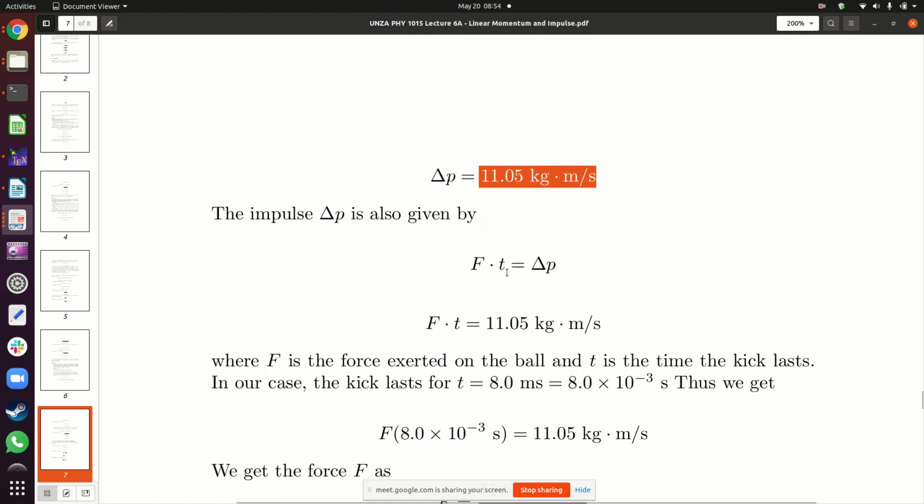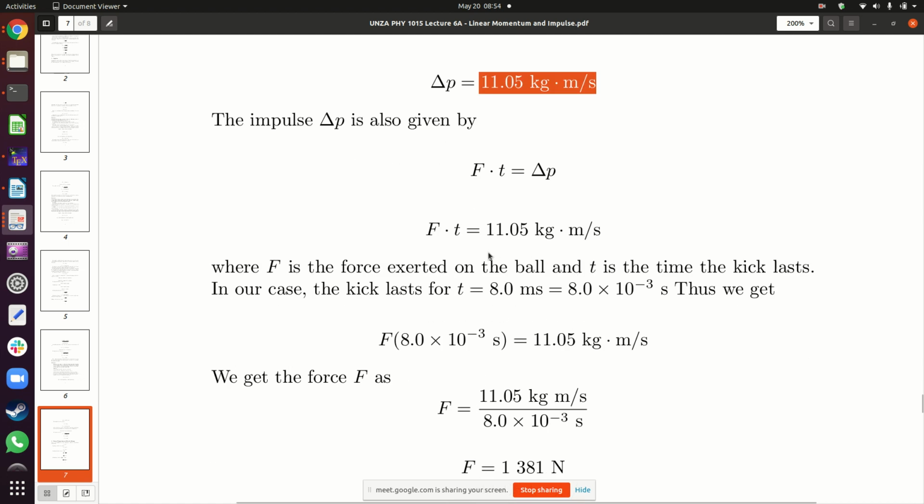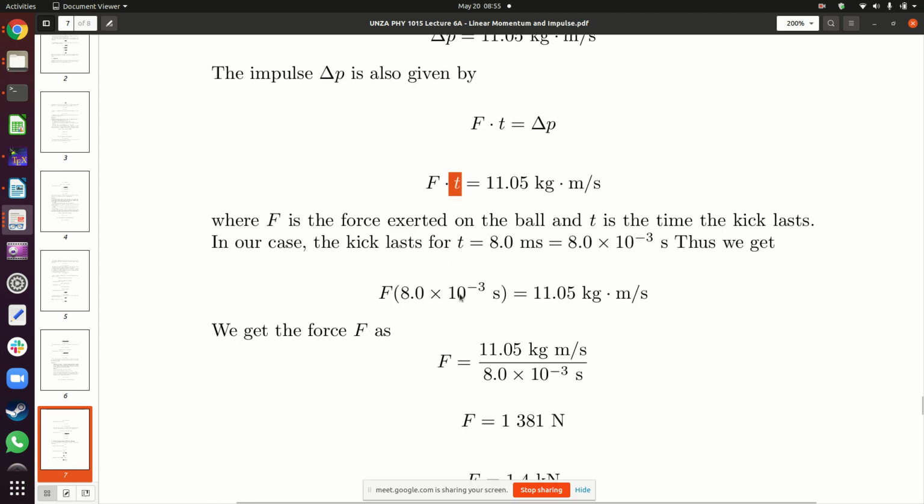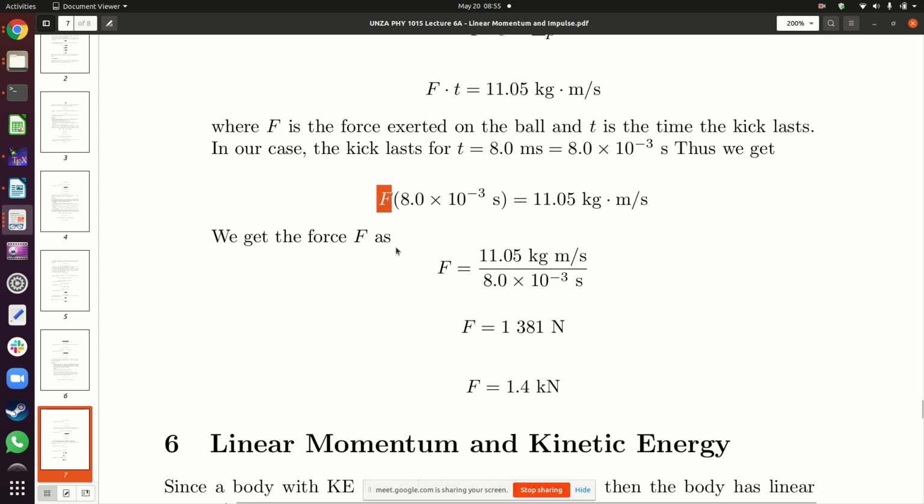Okay, we also know that the impulse in this case, delta p, is given by F multiplied by t. This is equal to delta p. So we know how much momentum has been gained, and we know that the ball is kicked for a time period of 8 milliseconds. When you substitute that amount of time, we have F, the force multiplied by the time, equals delta p.